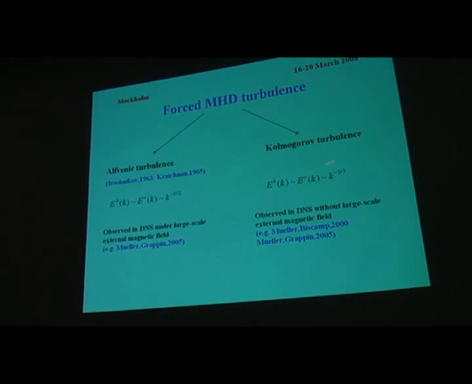In DNS, this scenario was observed by many people. And what about the Kraichnan-Iroshnikov law? It was observed, but in the situation when an external magnetic field exists, and just for the perpendicular component of magnetic and velocity field.